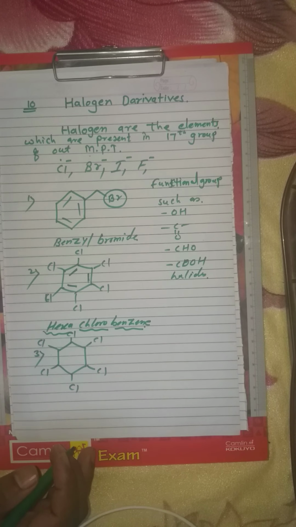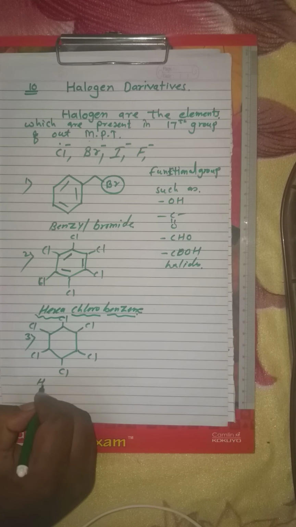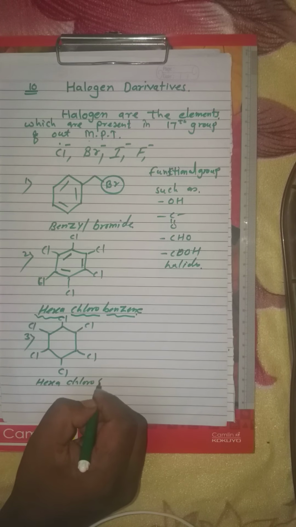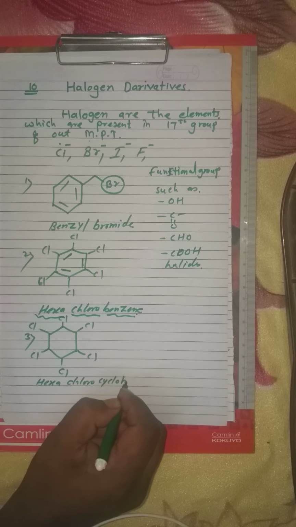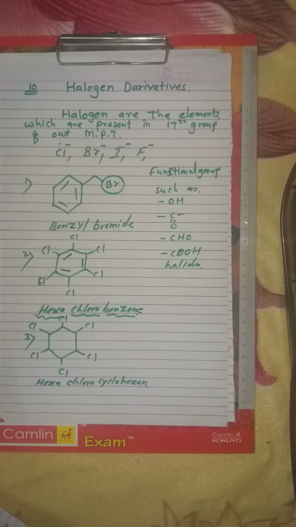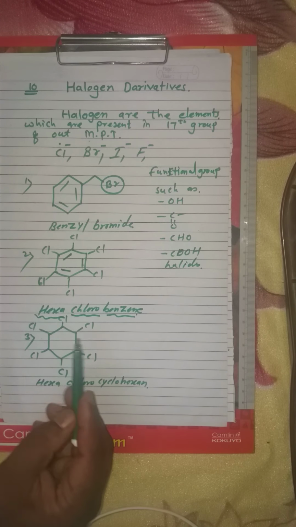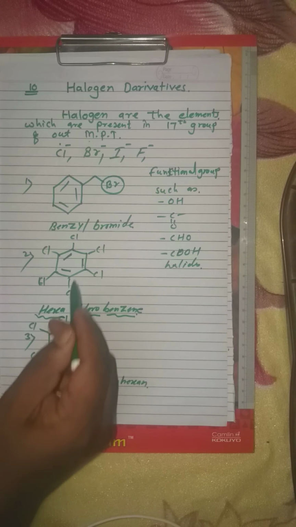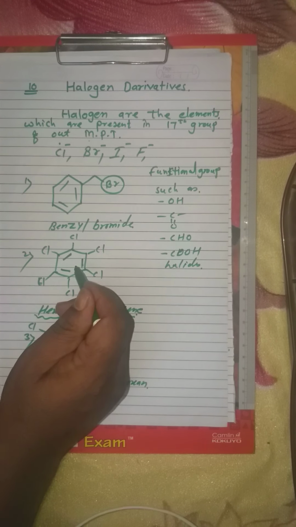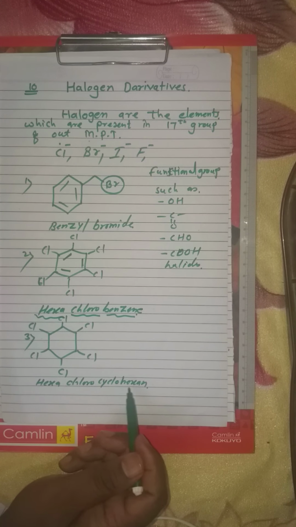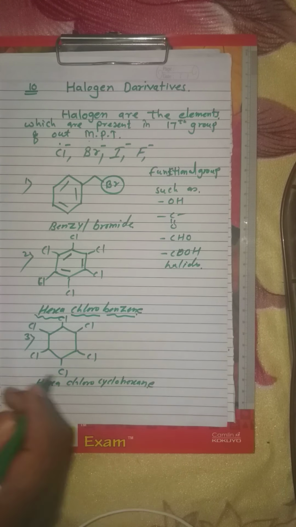That means this compound is known as hexachlorocyclohexane, because no alternate double bond is present here. That's why these two structures are different from each other. This is hexachlorobenzene and this is hexachlorocyclohexane.